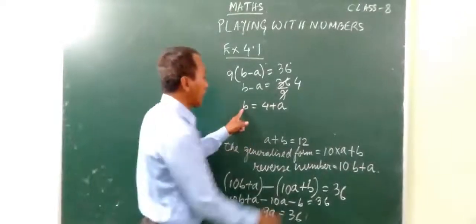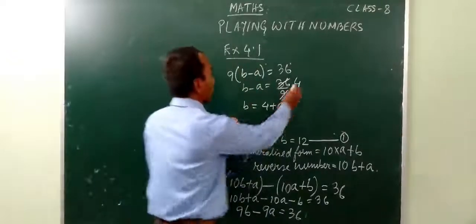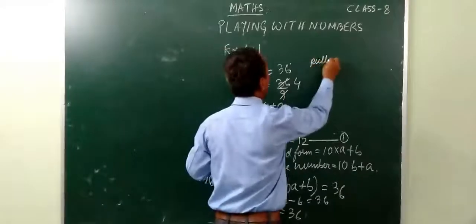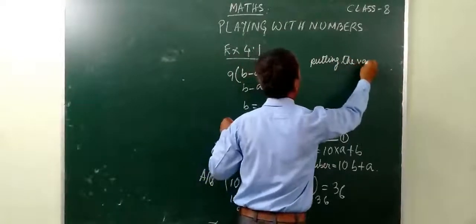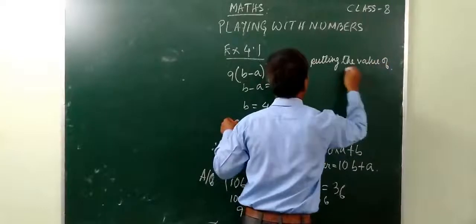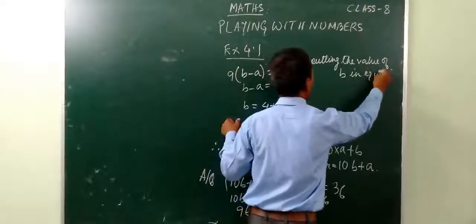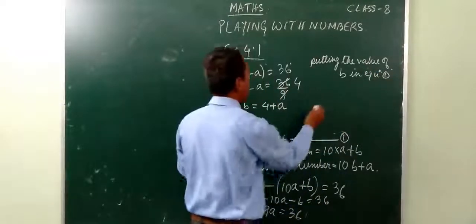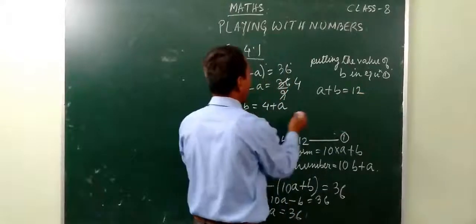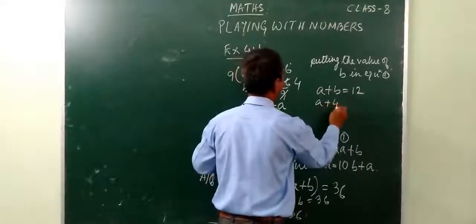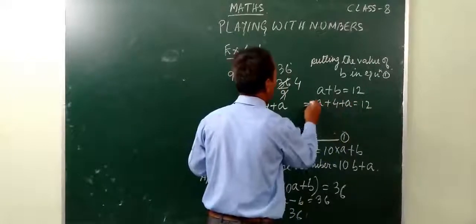Put this value of b in equation 1. This is equation 1. Equation 1 is what? A plus b is 12. What is the value of b? The value of b is 4 plus a, so 4 plus a plus a equals 12.